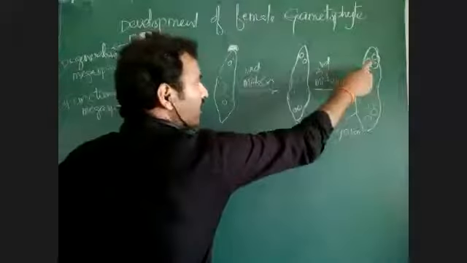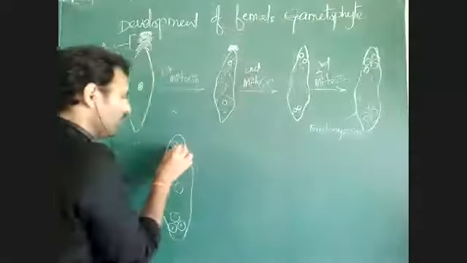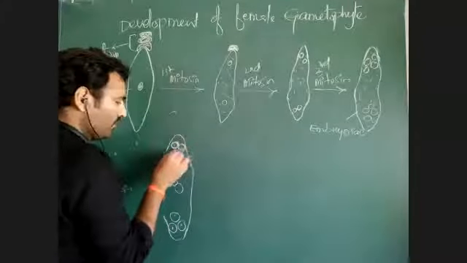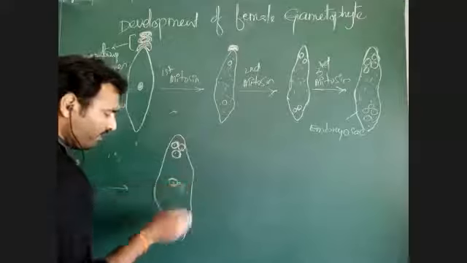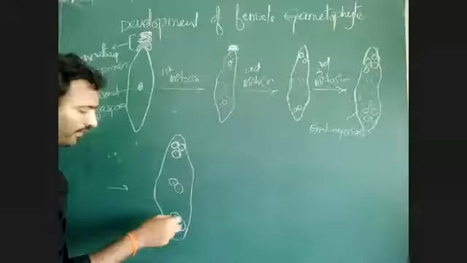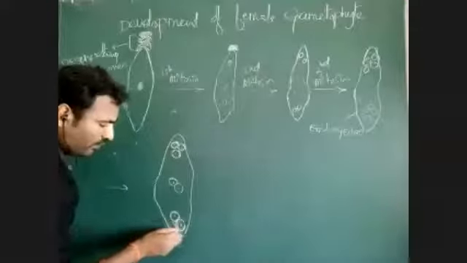In that 8 nuclei, only 6 cells are formed with cell wall. Cell wall is formed around 6 of 8. Remaining 2 nuclei will be there.